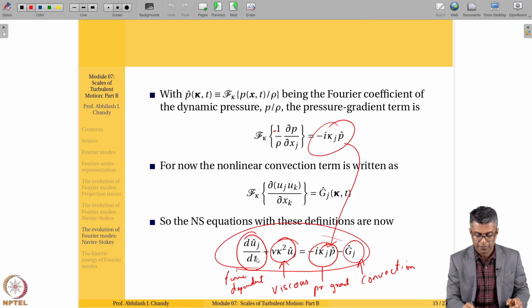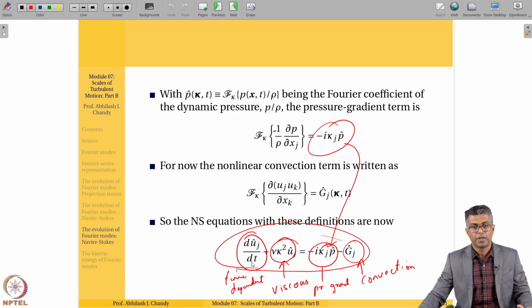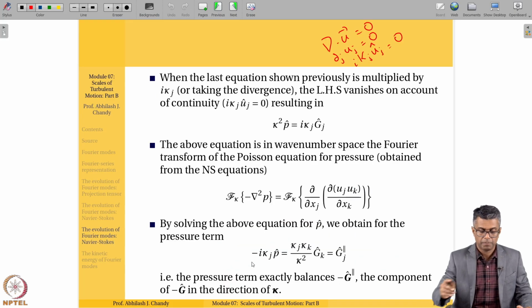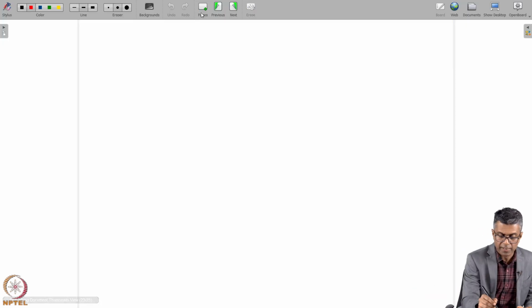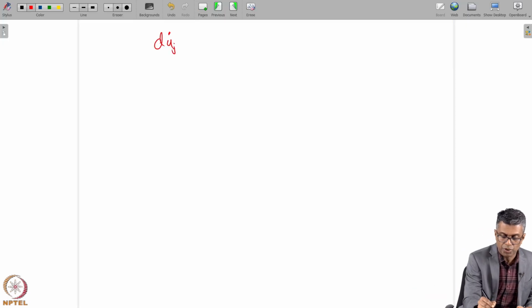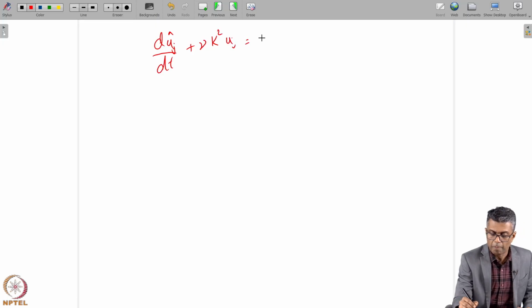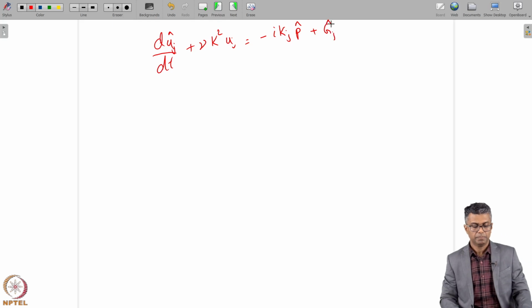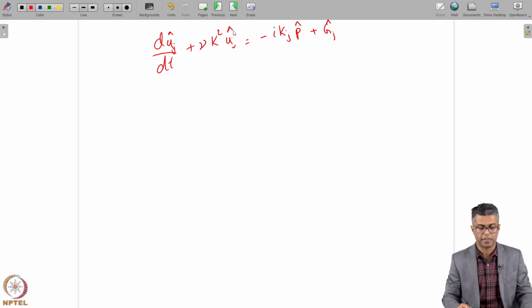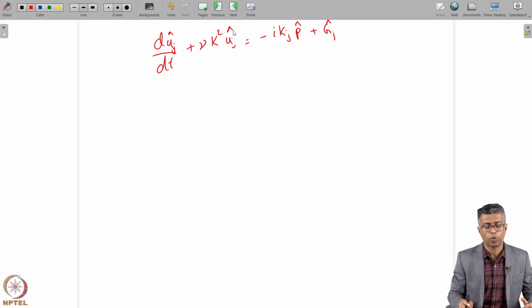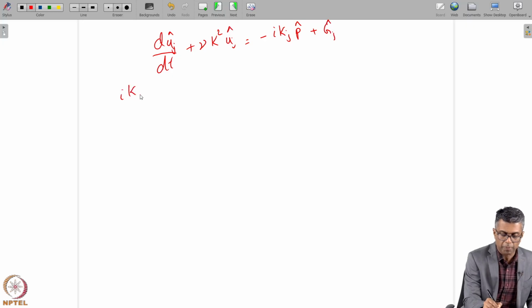So onto this equation, d uj hat dt plus nu kappa squared uj hat is equal to minus i kappa j p hat plus gj hat, I would just multiply by i kappa j.